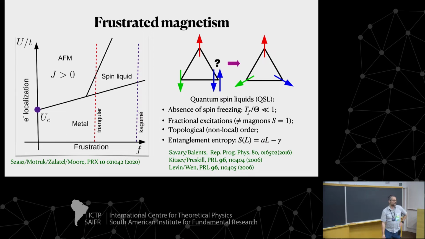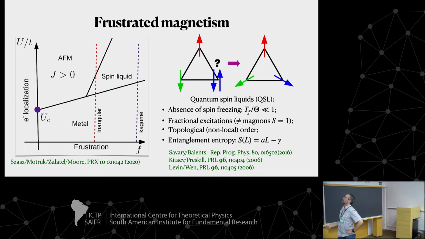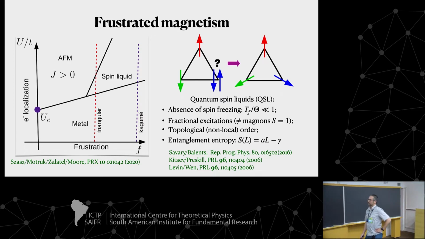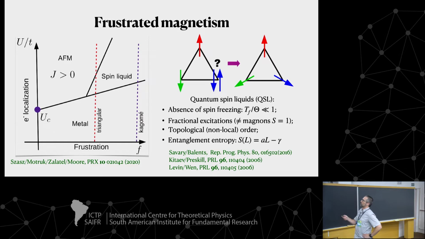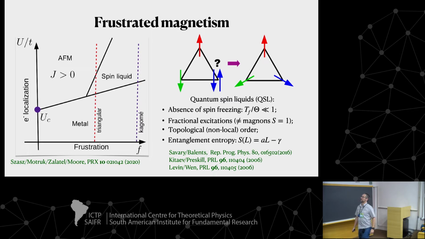A spin liquid would be a state with no magnetic order and several other nice properties which I'll discuss. And these show two very famous lattices. One is the triangular lattice, where you do find order, but there is a region around the transition which in principle can host spin liquids, and the kagome lattice, where you indeed do not find long-range magnetic order. So those are two famous examples in 2D.